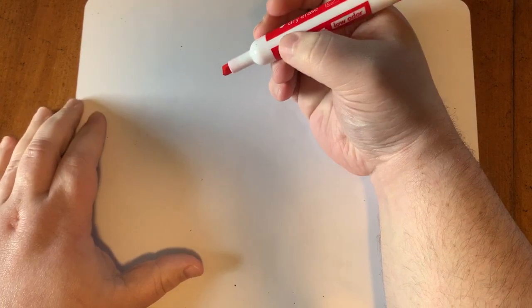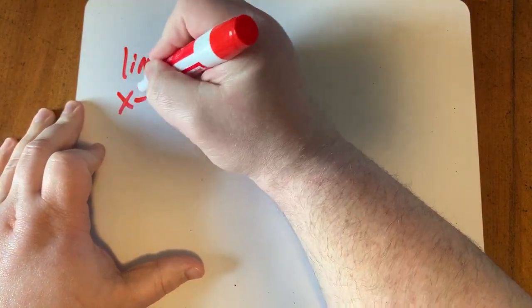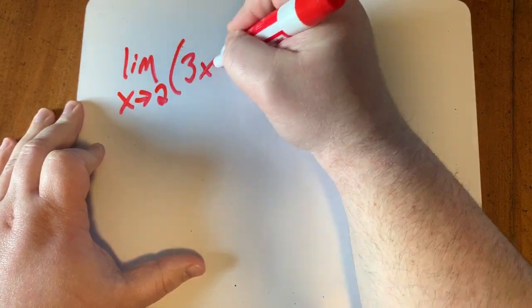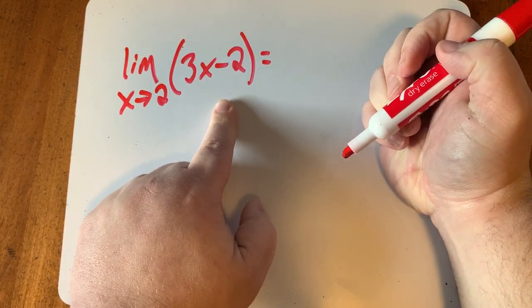So, to find actual limits, there are a few methods. One of the methods is numerical analysis. So let's say we have the limit as x approaches 2 of 3x minus 2. First of all, that has to be a function inside. It is.